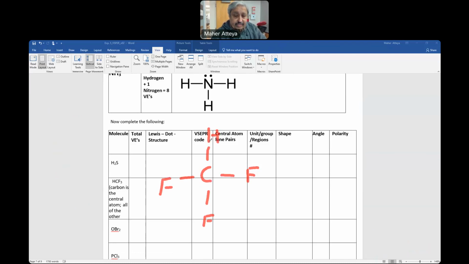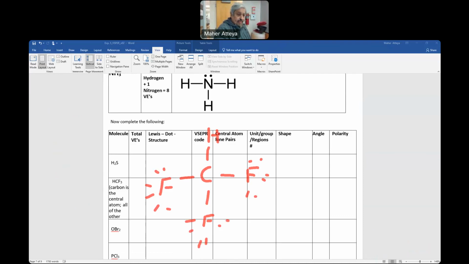Now the fluorine has 7, I mean, with its lone pairs. So this one here, let's do it together.